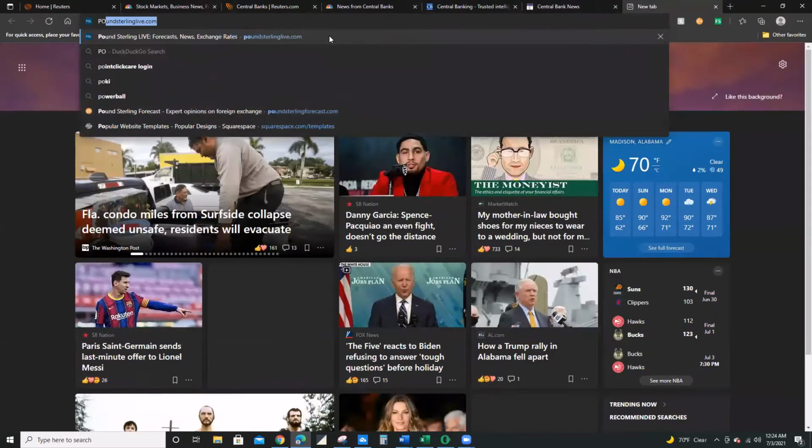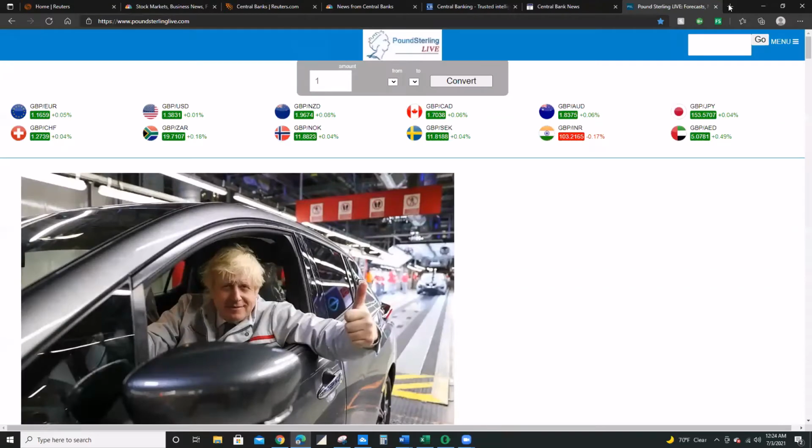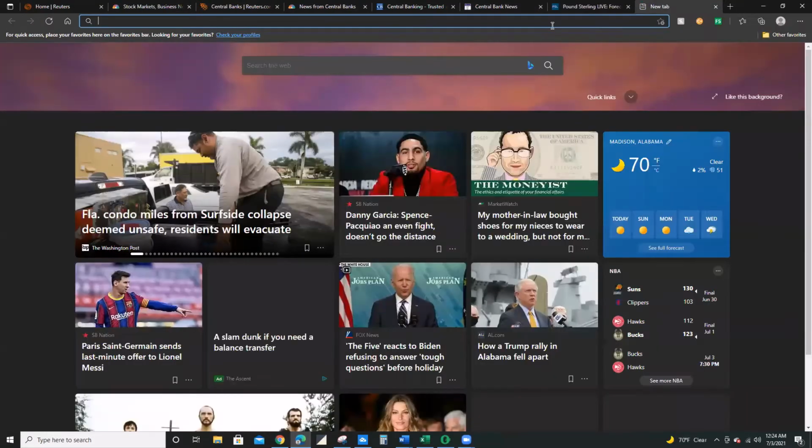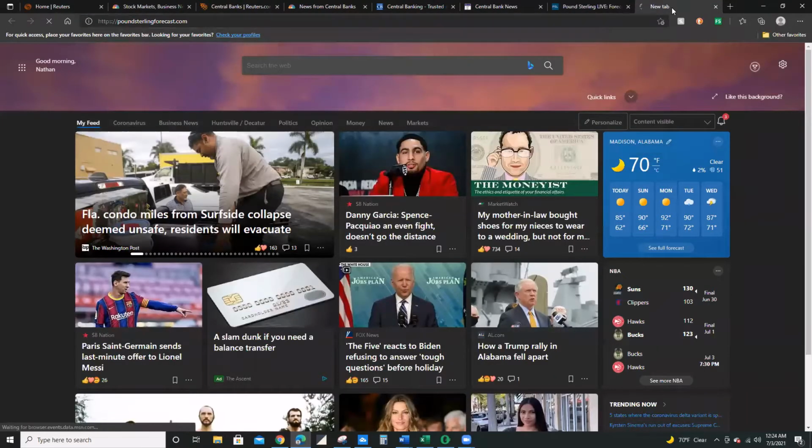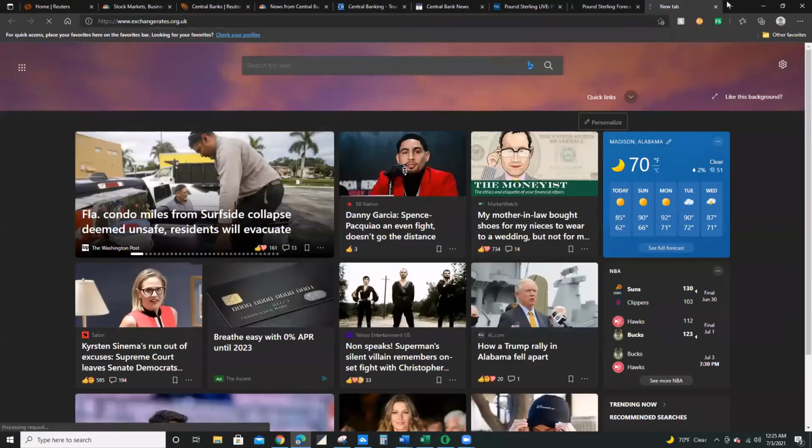Then we get some poundsterlinglive.com, because I love trading the pound specifically, pound sterling forecasts, exchange rate.